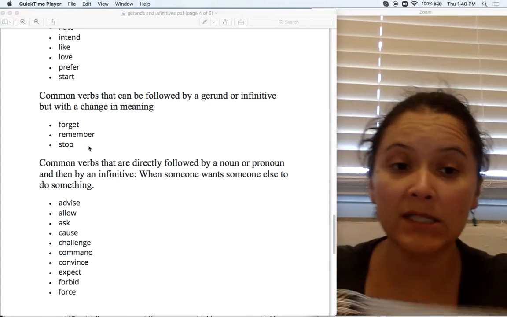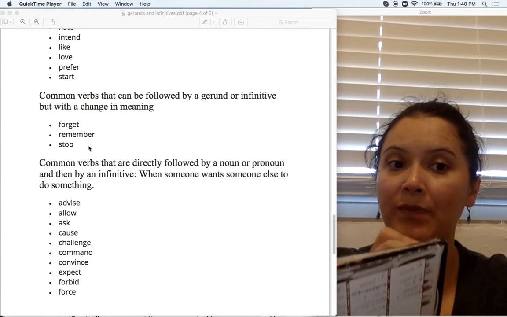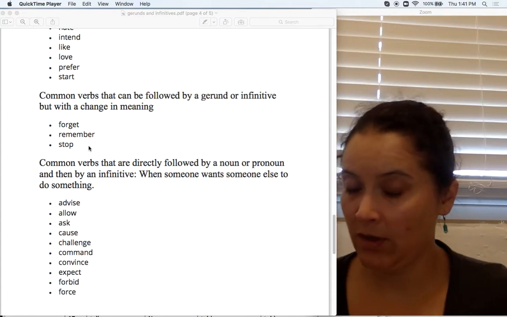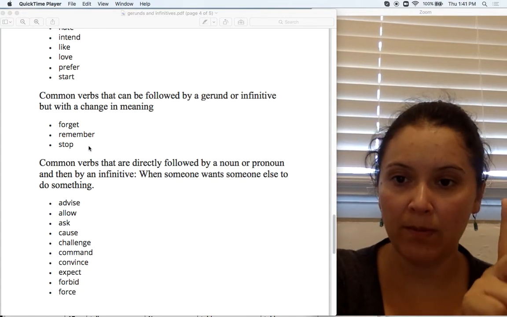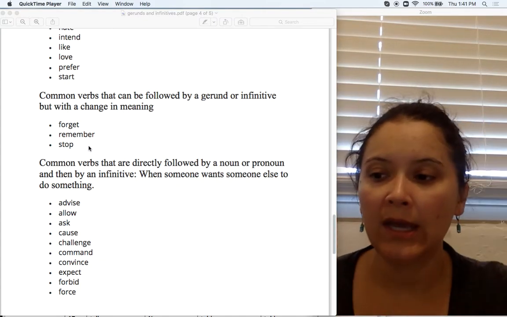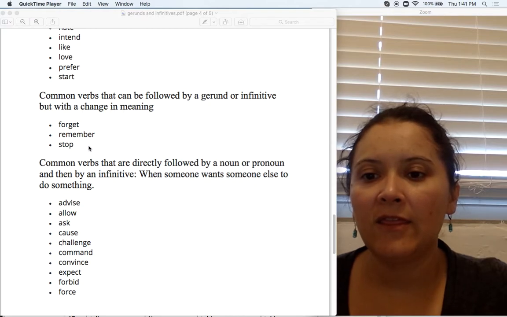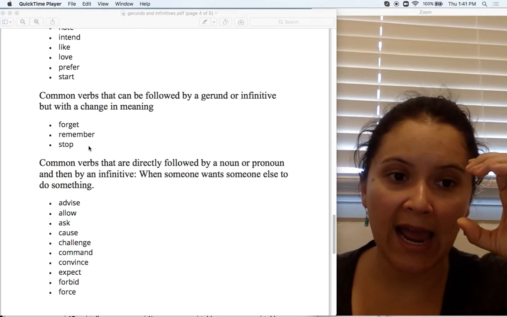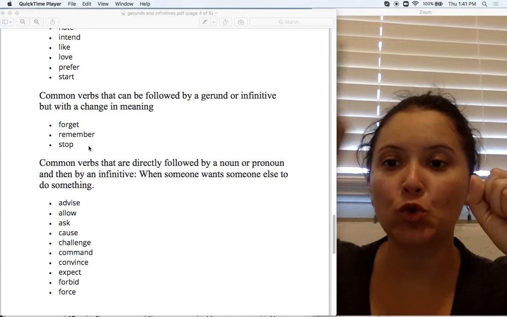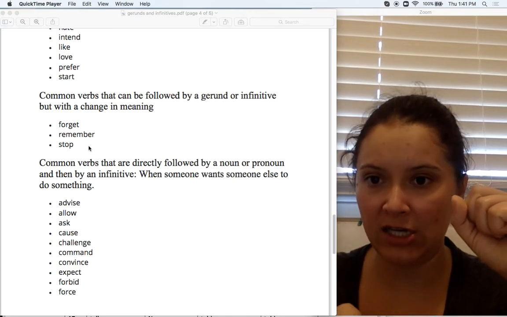I was in the process of writing and I stopped writing. However, when you use stop and then the infinitive, which is stopped to, it means that you were doing one action and you stop that particular action to start another action.